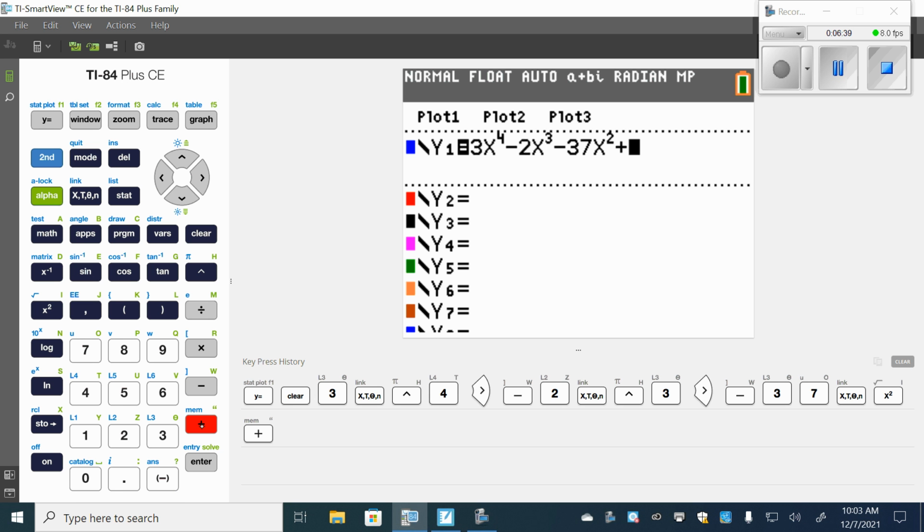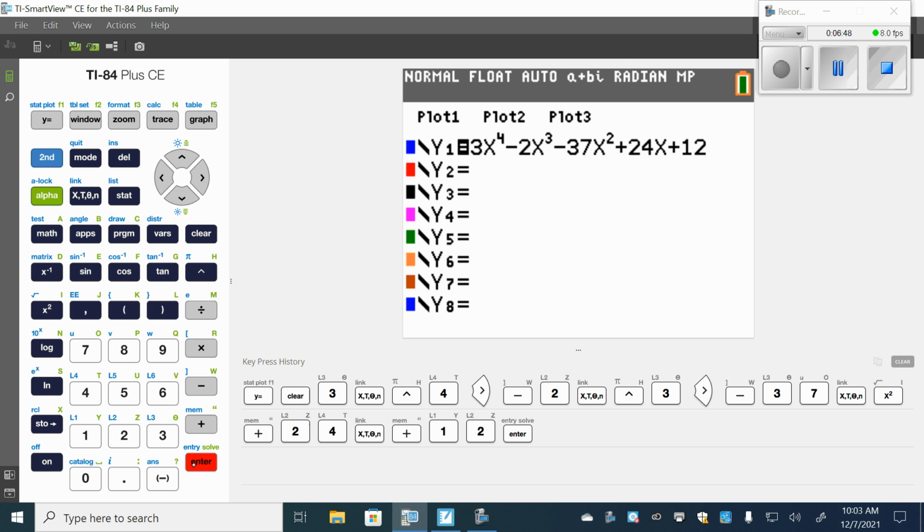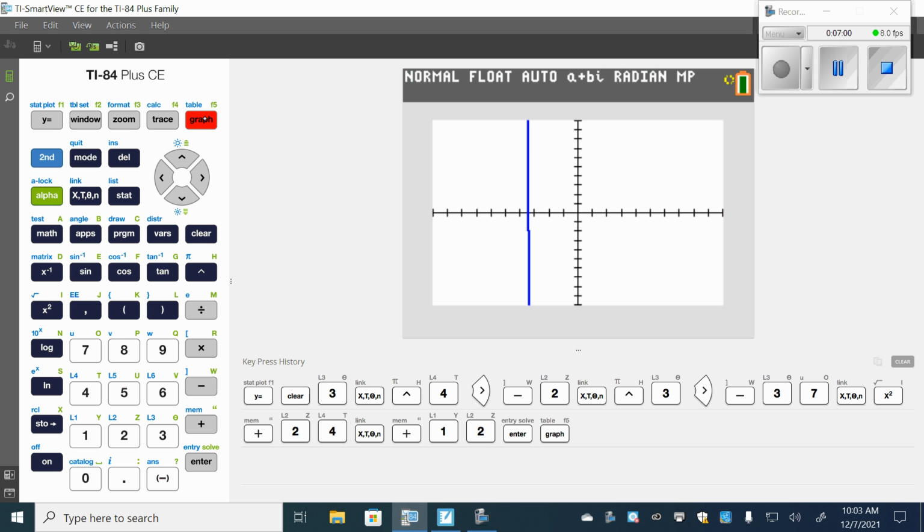No, that seems too big. 24x plus 12. And once we get this typed in, we'll tell it to graph.